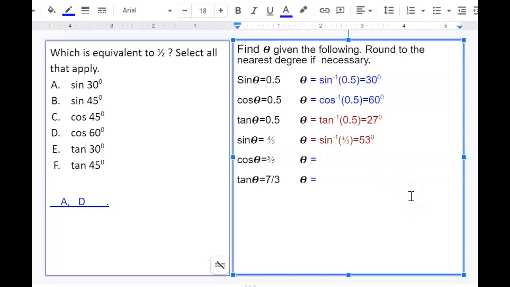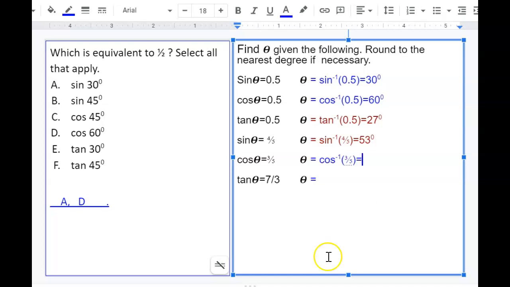Next, we have cos theta equals 3/5. Then theta will be what? Cos inverse of 3/5.